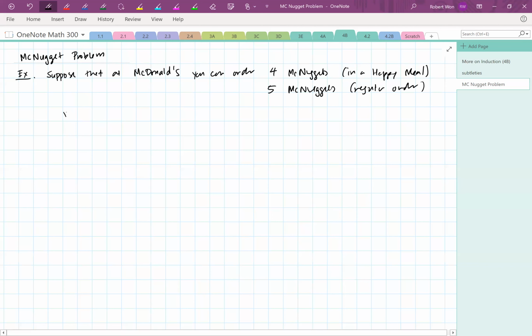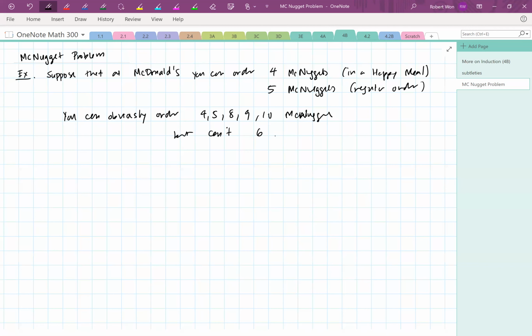So you can obviously order 4 or 5 or 8 or 9 or 10 McNuggets, but you can't order 6, it seems like. So a question is, what are all the possibilities for the number of McNuggets that you can order?